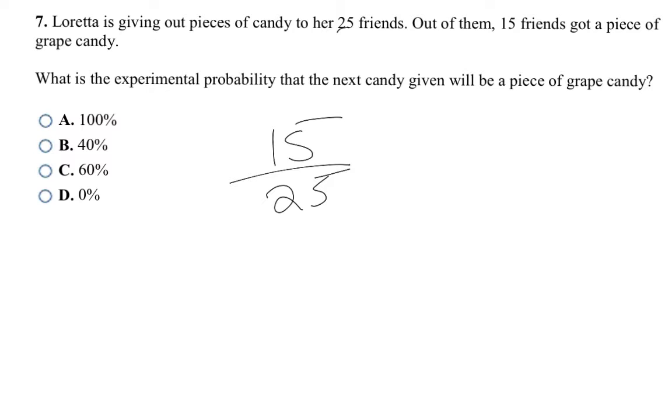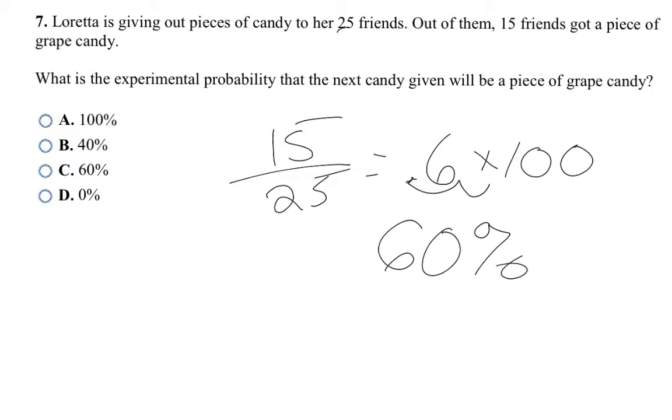So I'm looking at my answer here, and it wants the answer as a percent. So I'm going to take 15 divided by 25, and that's going to give me 0.6. And then I need to convert that to a percent by multiplying that times 100 or moving the decimal twice. Either way, that's going to give you 60. So 60% is my final answer, which is choice C.